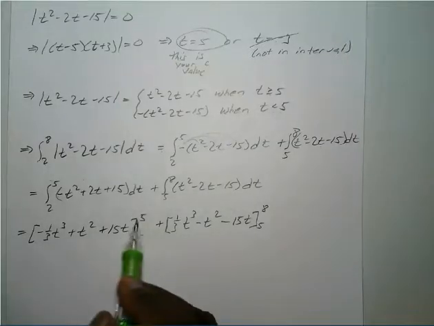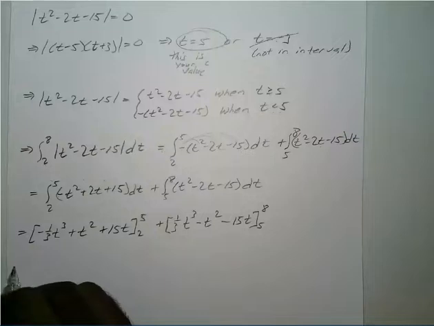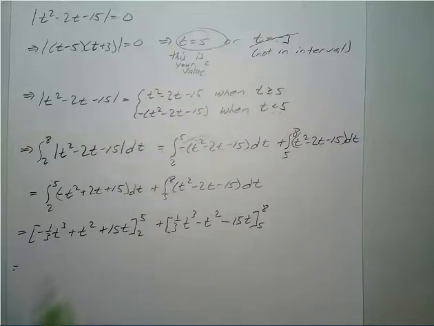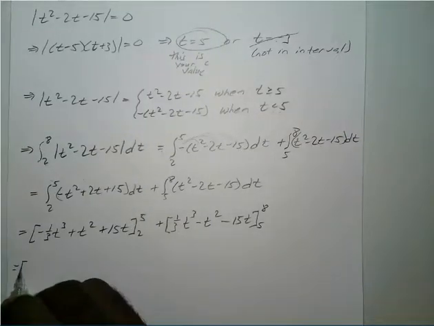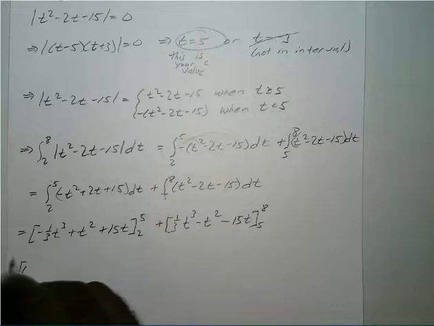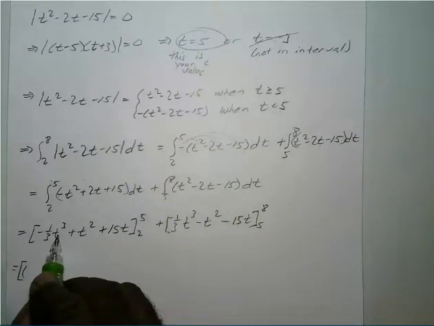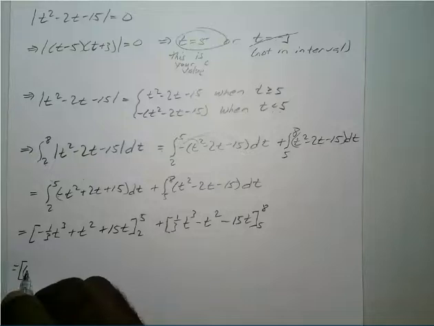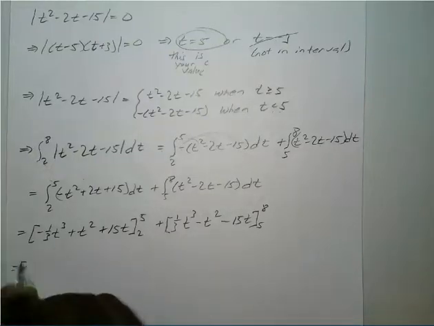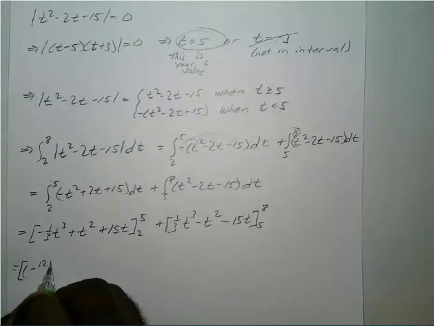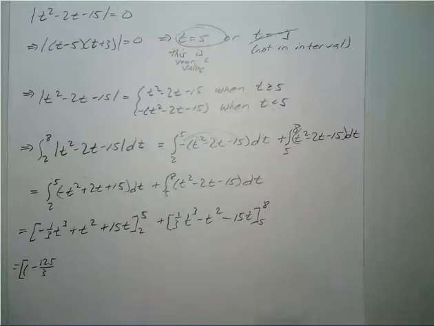All right, so first we plug in our 5. So negative 1/3. We have 5 to the third power, which is 125. So that's negative 125 over 3.